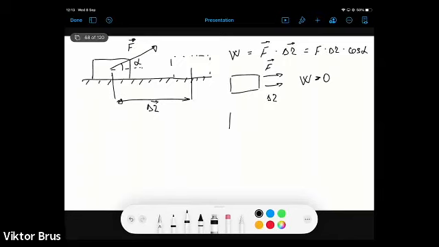If here is our body and the force vector and displacement are in opposite directions, it means that this force slows down the motion, but the body still moves to the left, while the force is applied to the right. The work done by such a force will be negative.